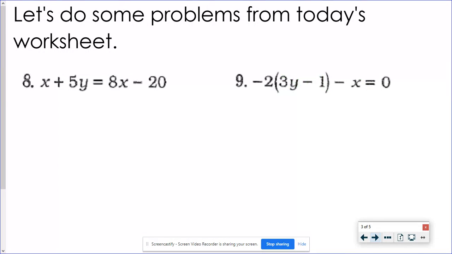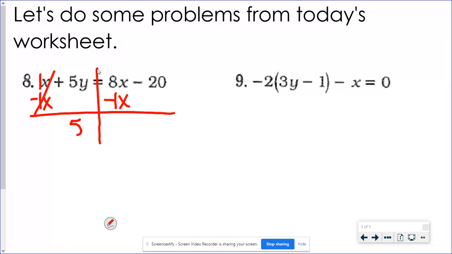These are some more problems from your worksheet. So for number 8, I need to get the y by itself, remember. That's my goal. So I need to move that 1x away from it, right? There's really a 1 right there. I would subtract 1x, and I would put it underneath the other x.